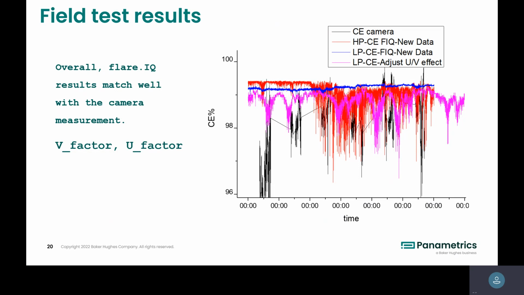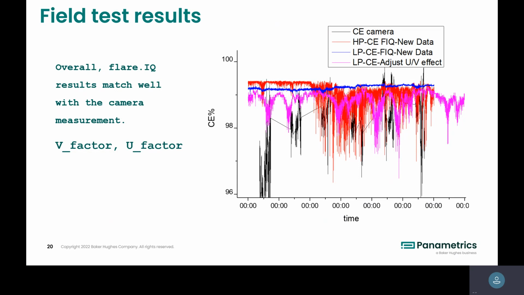Flare.IQ, because you have 2 systems, can separate them because they have nothing to do with each other. Overall, I would say it's pretty good for the majority of the cases. There are some cases where you will see large discrepancies.